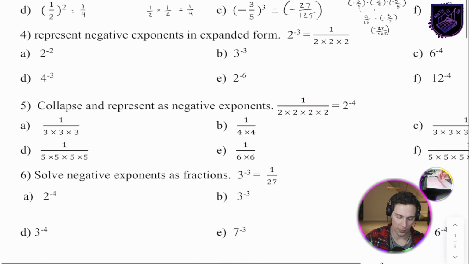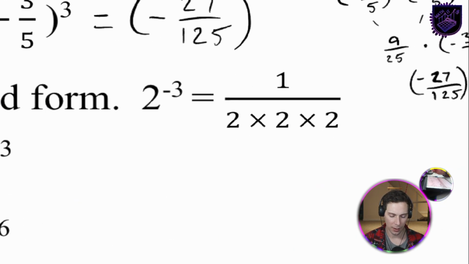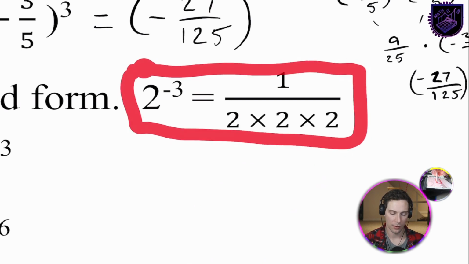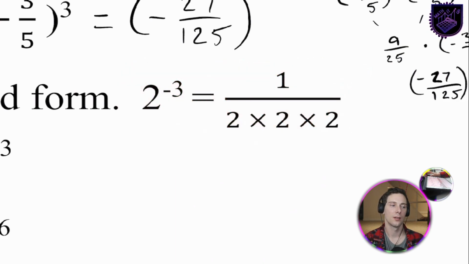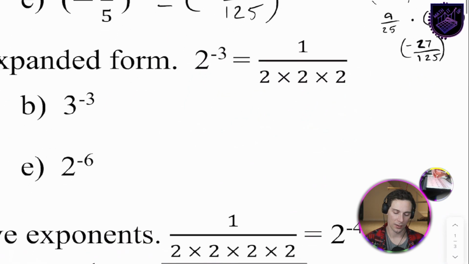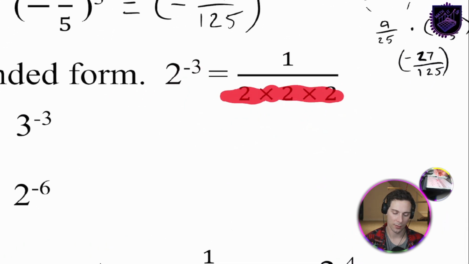Okay, next group. So if you look here, we are representing our fractions as repeated division. So in expanded form, a negative exponent is the same, but we represent it as a positive base and repeated division.